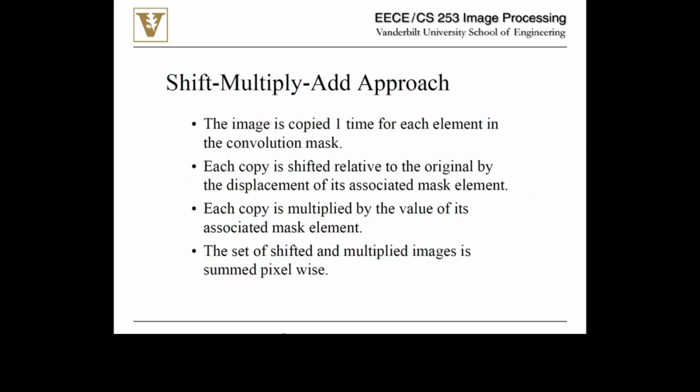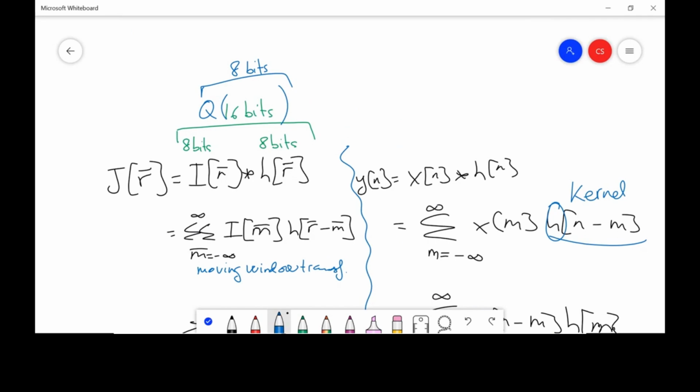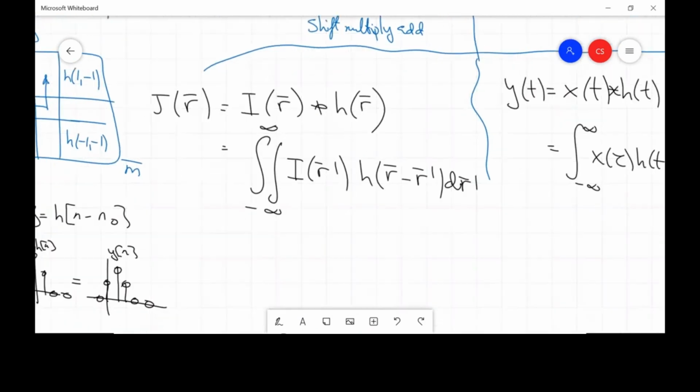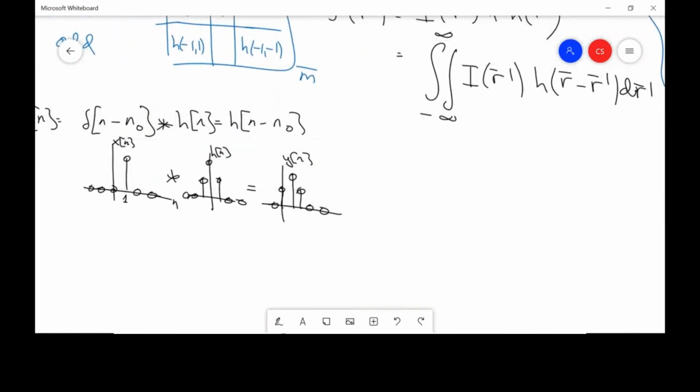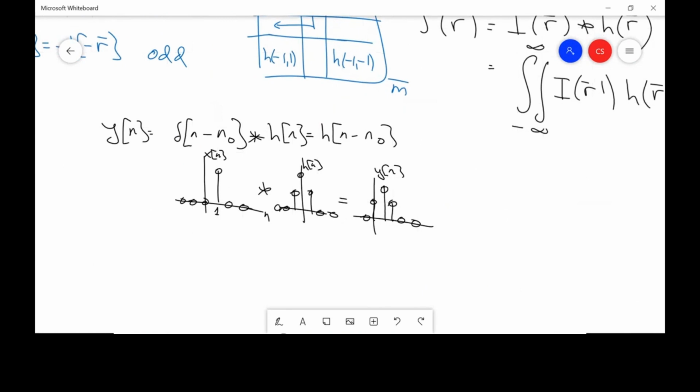Okay, so let's see this second process. Now we understand how it is done in one dimension. So let's see how it is done in images. Let's see that property we already know now. In general, let's be a bit more general.